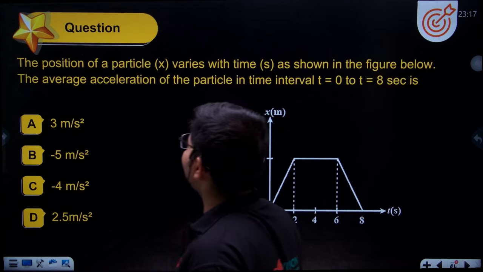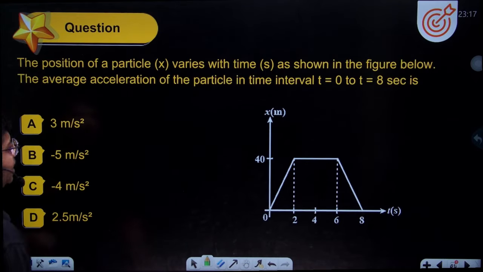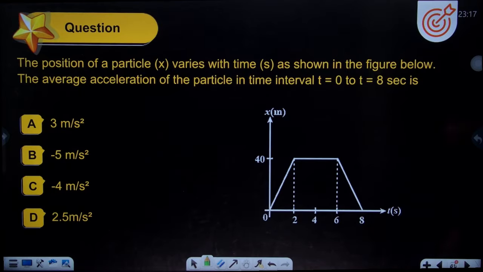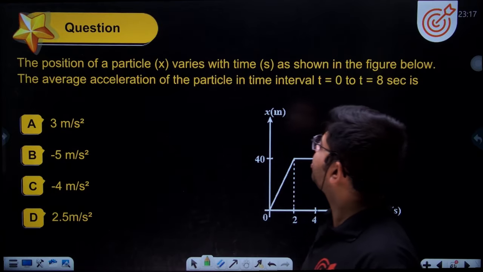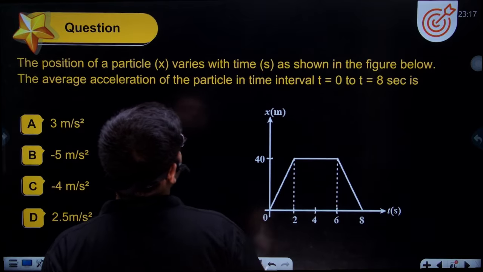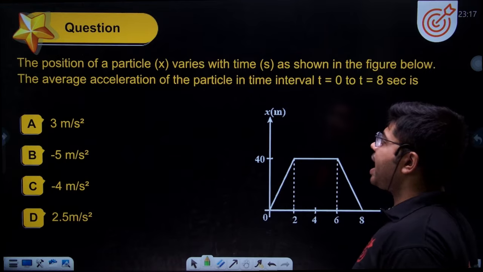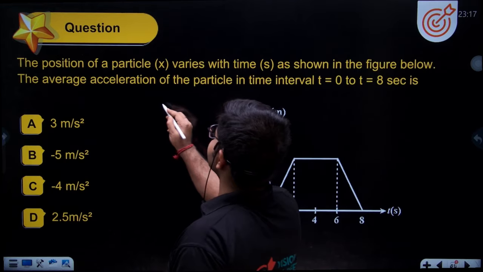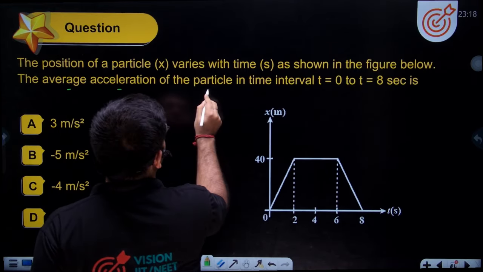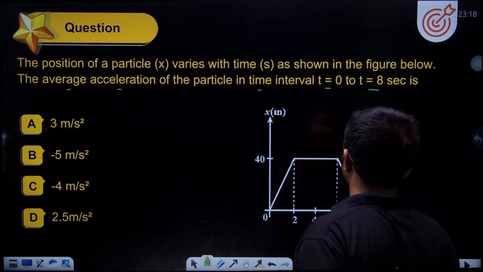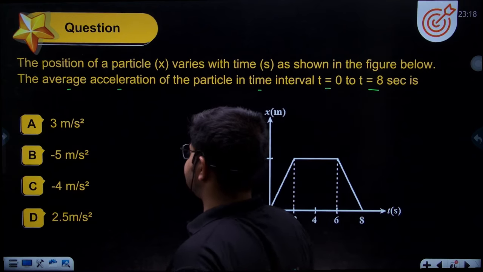Okay. Now the position of a particle X varies with time, time is along the x-axis in seconds, as shown in the figure. What is the average acceleration of the particle in the time interval t equal to 0 to t equal to 8 seconds?